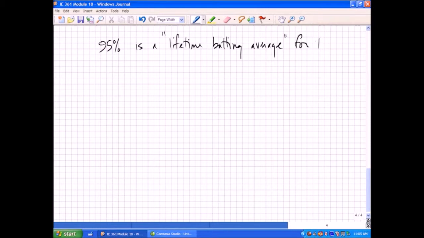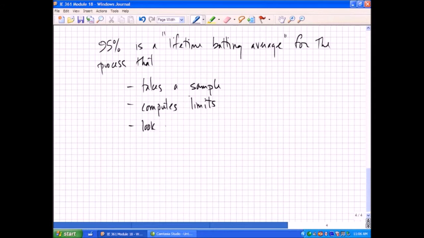For the process that takes a sample, computes limits, looks at one more observation, and sees whether or not the interval works.